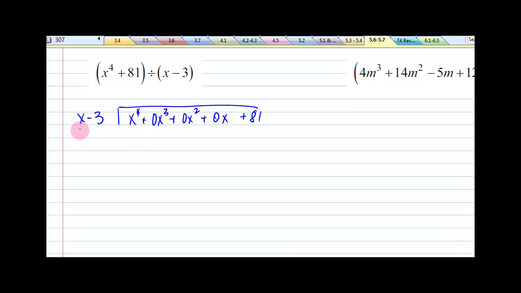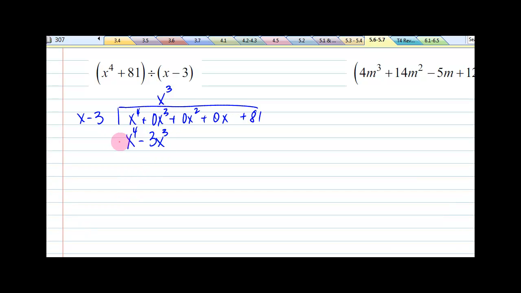I think to myself, how do I turn this x into x to the 4th? Well, I need to multiply it by x cubed. Because there's 2 terms on the outside, I needed to start 2 terms in. So x cubed times x is x to the 4th. X cubed times a negative 3 is negative 3x cubed.